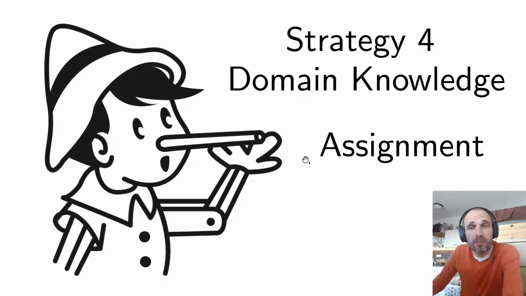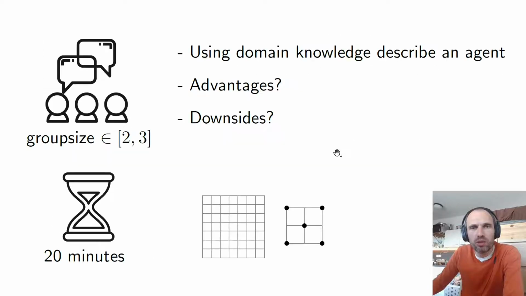But I want you to think about domain knowledge. Domain knowledge means that you know something about the situation, specifically that you know something about the game that you're playing. And so I want you to think about it yourself. So this is a little bit more difficult.